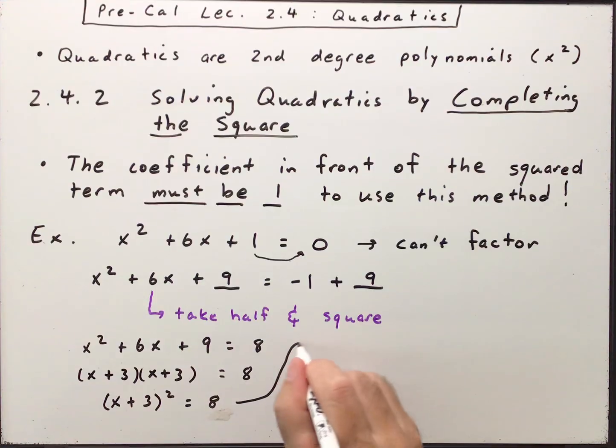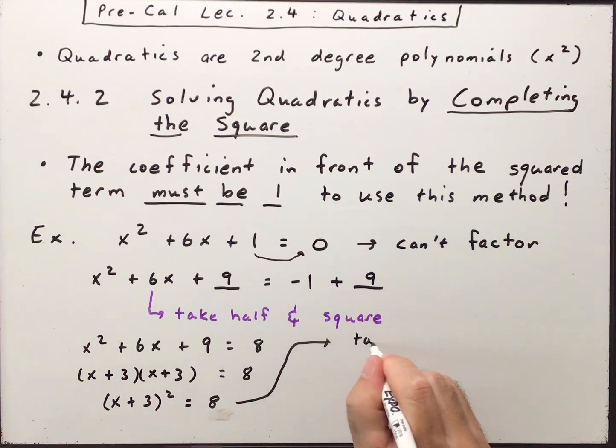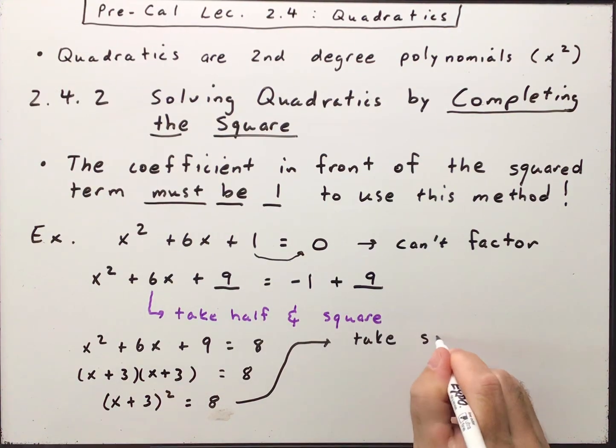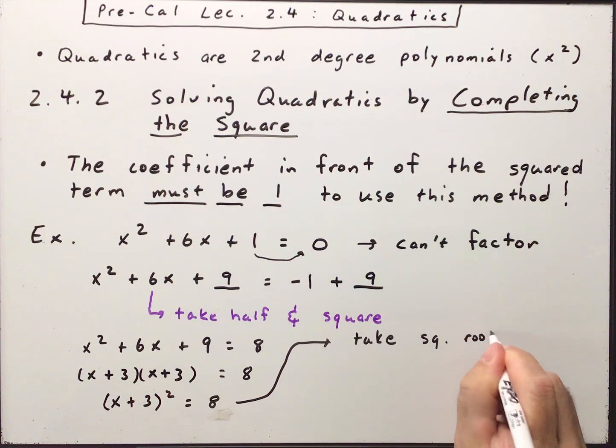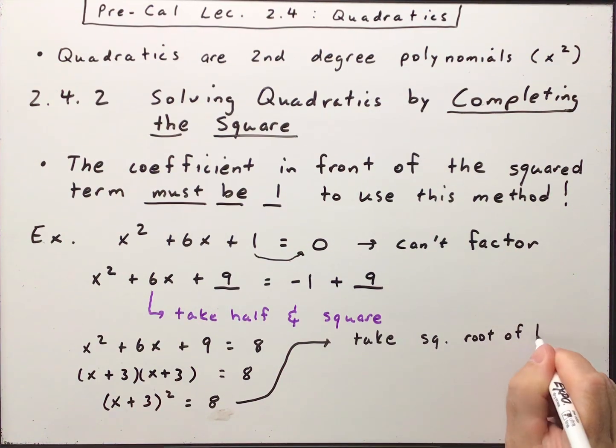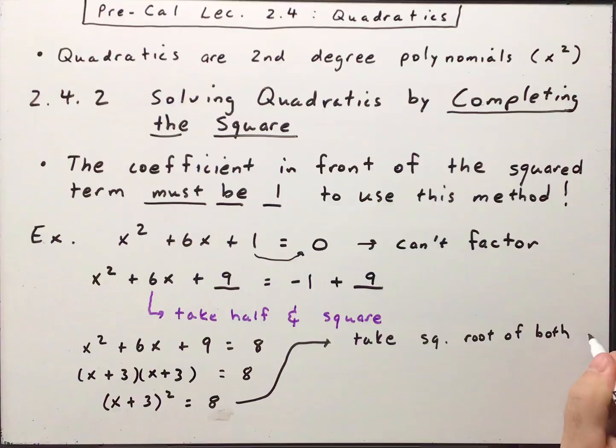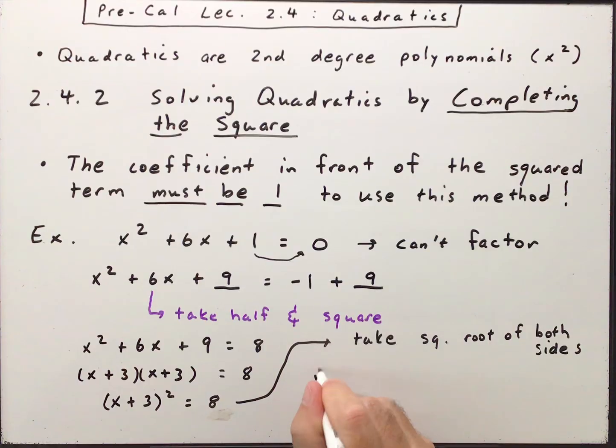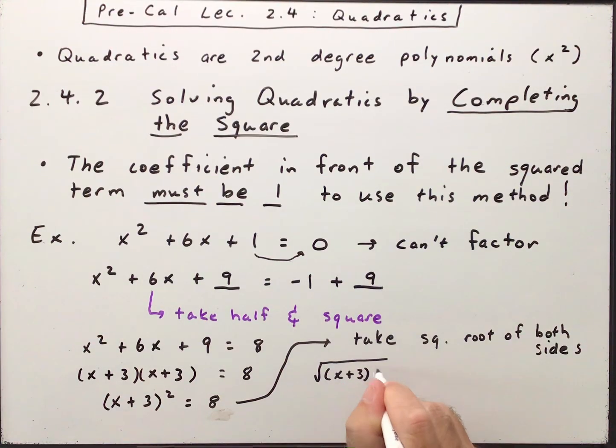Now I'm going to take the square root of both sides. So I've got the square root of (x + 3)² is equal to the square root of 8.